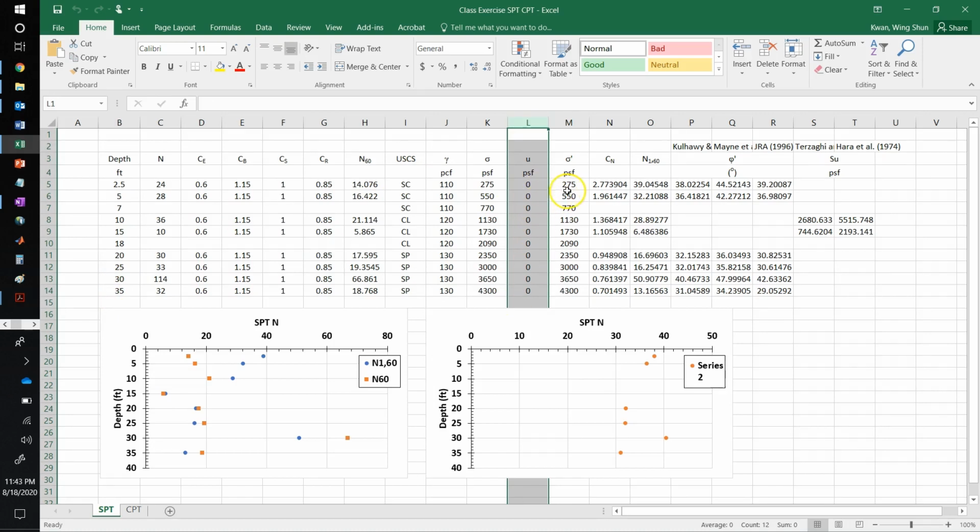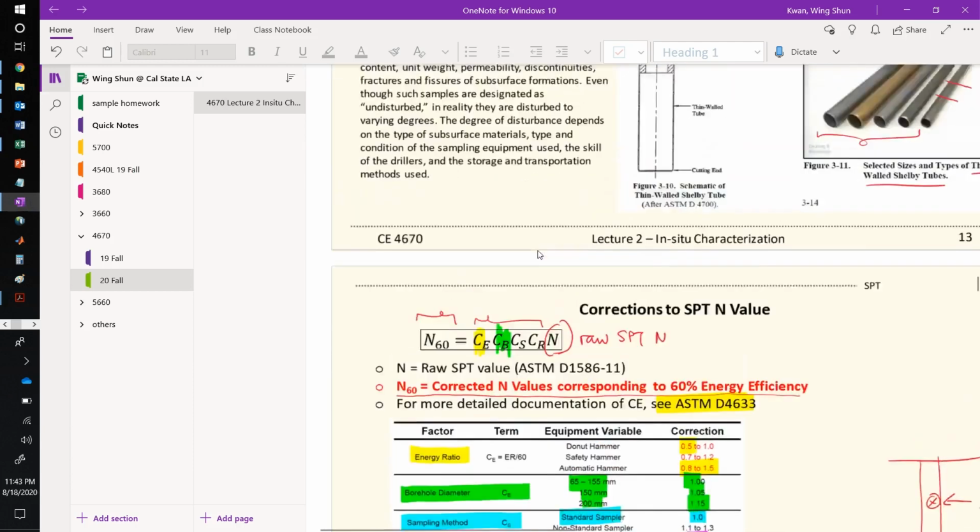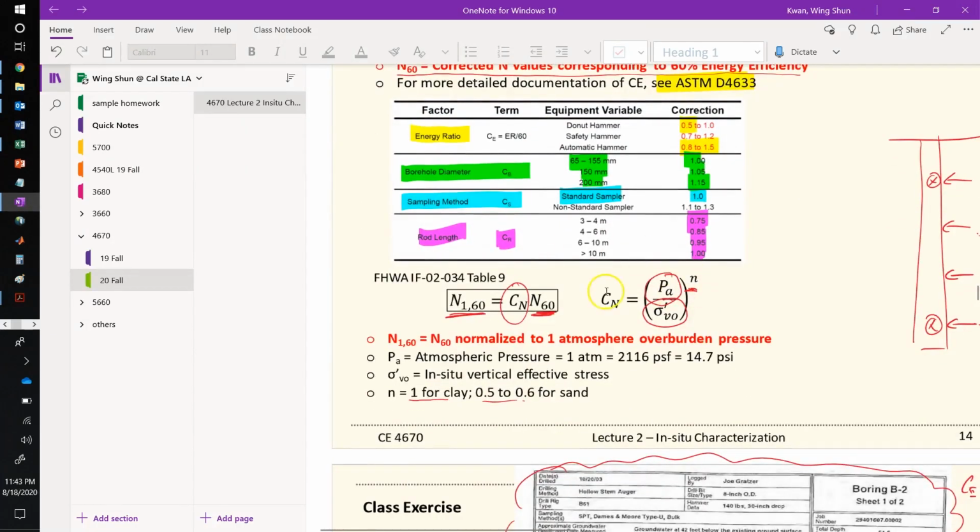So you can calculate effective stress. After you calculate effective stress, then you can calculate the C sub N. The C sub N is given by these equations. C sub N is pretty much the atmospheric pressure, 100 kPa, divided by the vertical effective stress you just calculated, raised to an exponent n.